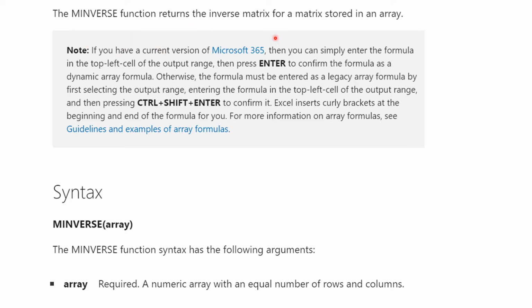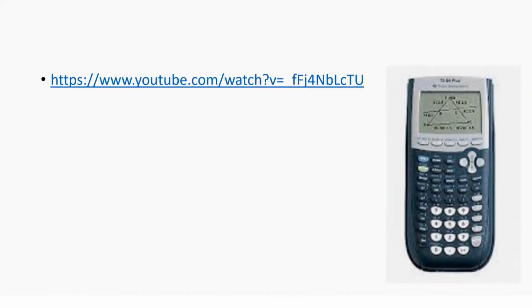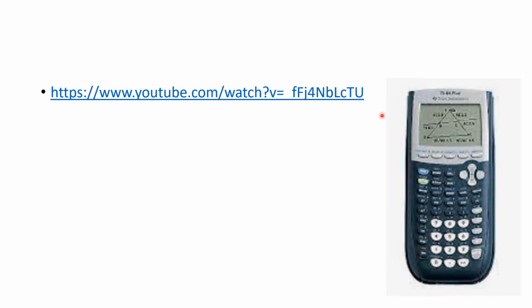It is MINVERSE in Microsoft 365 Excel, and so this can tell you how to use. And this is a YouTube video that tells you how to do things with matrices in the TI-84. And again, you can get help from Jesse Hayes Carver, me, or anyone else in the Learning Commons on those two if you need help.